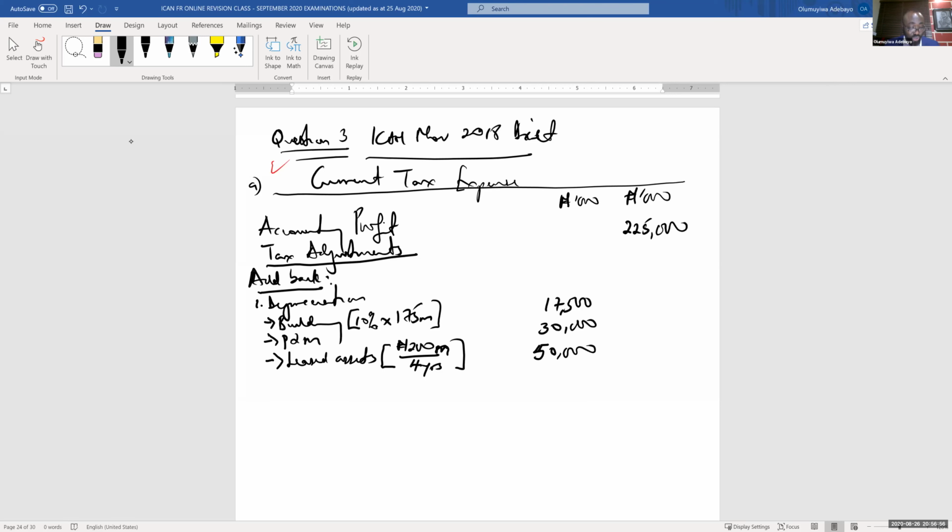Now, the next one, apart from this, as a non-deductible item, is that the interest recognized on the lease will also be disallowed. Why? Because in note 3, we are told that only the actual rent is allowed.